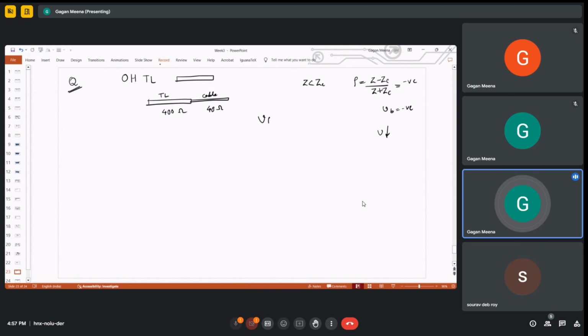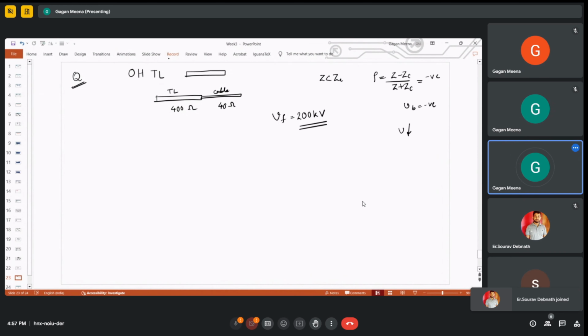So in the forward traveling wave, the voltage is given as 200 kilovolts, traveling towards the junction. We need to determine the magnitude of the forward current. First, we determine the forward current magnitude.